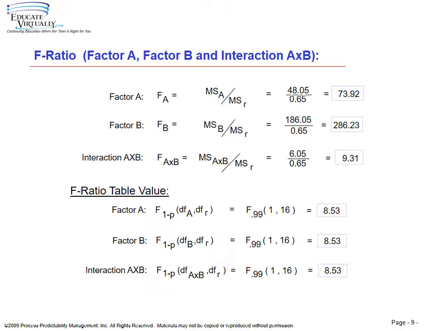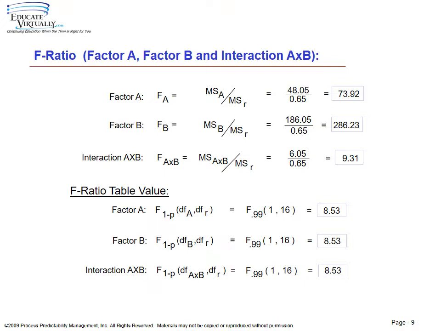Now, the values that we calculated are all larger than the value from the table. That tells us that factor A, factor B, and the interaction of A and B are all significant at least at a p-value of 0.01 or a 99% confidence.